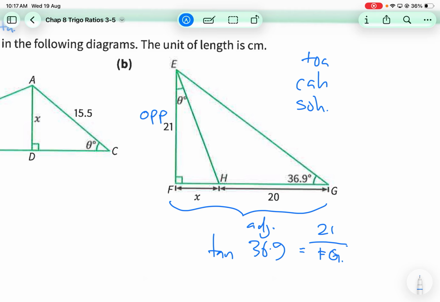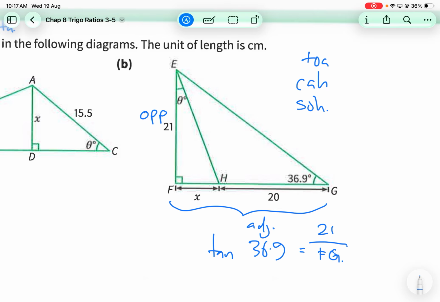We want to find FG. Okay? So we don't want the FG to be in the denominator. But when we want to solve this equation, students usually make mistake because they anyhow move. When they move FG, they move 21 and they move the tangent 36.9 at the same time.